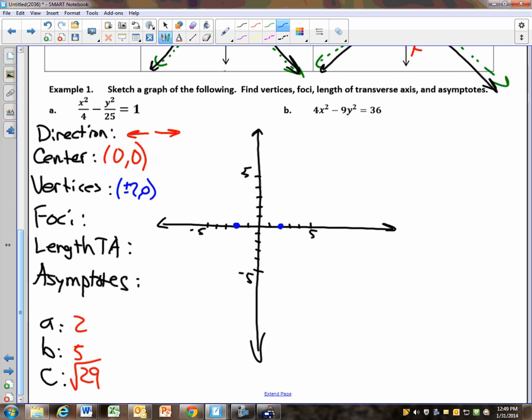So what's the length of that transverse axis then? What's the distance between them? 4. I'm going to draw my box. I went 2 units in the x direction, so how many in the y? 5. And I make my box, and I draw my asymptotes.